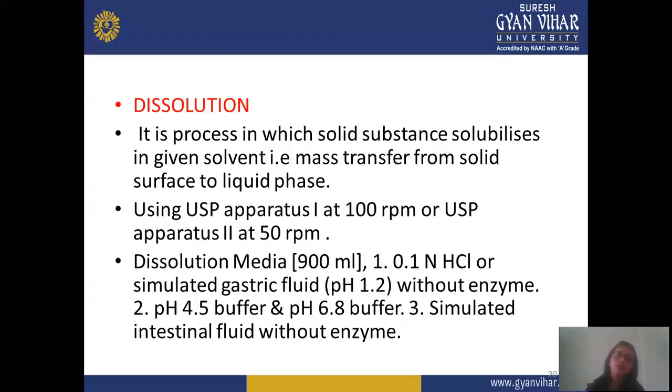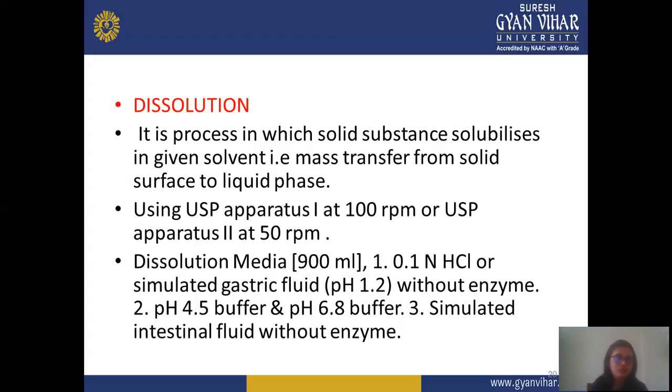If you are using apparatus 1, then the speed required is 100 rpm, and if you are using apparatus 2, then the speed required is 50 rpm. In the dissolution media, 900 ml of 0.1 normal HCl or simulated gastric fluid, that is pH 1.2, without enzyme is required, and pH 4.5 buffer and pH 6.8 buffer are also required if you are taking multiple media, and simulated intestinal fluid without enzyme.